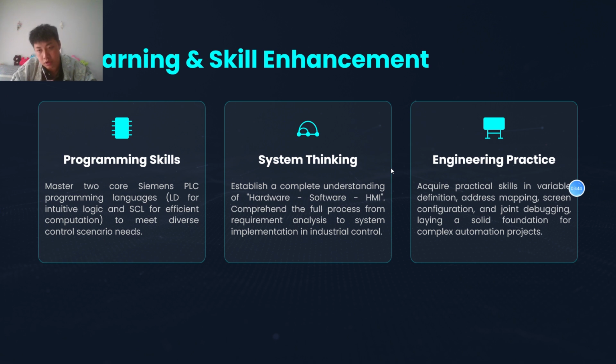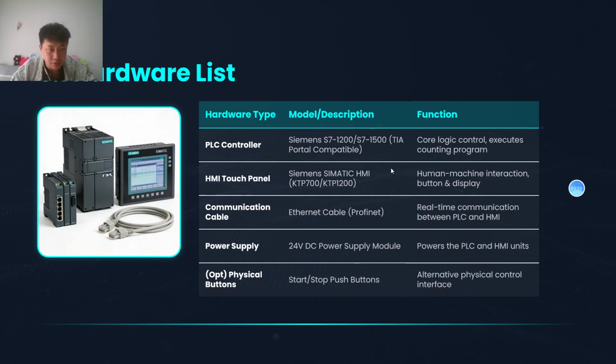Acquire practical skills in variable definition, address mapping, screen configuration, and joint debugging, laying a solid foundation for complete automation projects. And the hardware list, you can see the PLC controller, HMI touch panel, communication cable, power supply, and the physical button. The function is on the list.